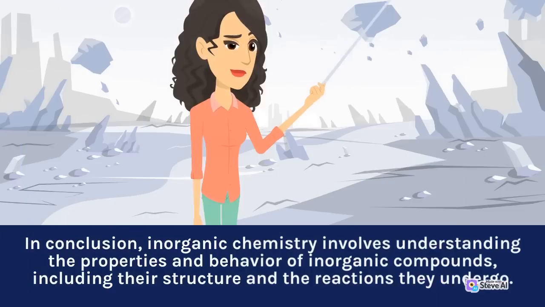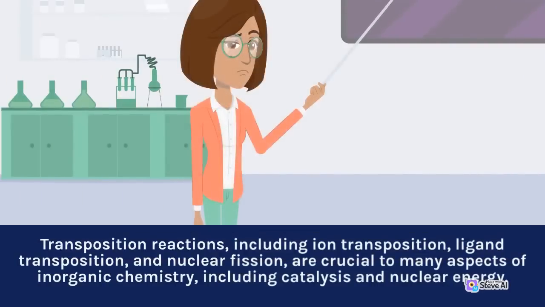In conclusion, inorganic chemistry involves understanding the properties and behavior of inorganic compounds, including their structure and the reactions they undergo. Transposition reactions, including ion transposition, ligand transposition, and nuclear fission, are crucial to many aspects of inorganic chemistry, including catalysis and nuclear energy.